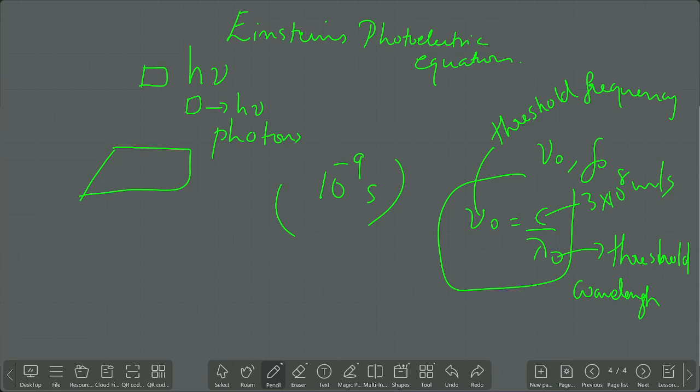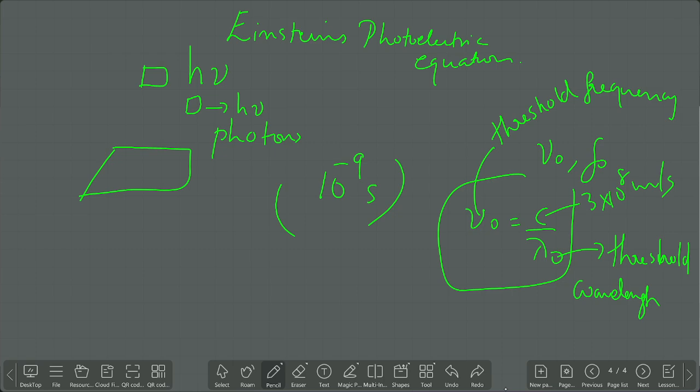That's it, note it down. If they ask how to get lambda 0, don't think it is something else. You can easily get it; they are inversely proportional. Remember, nu 0 and lambda 0 are inversely proportional because they are related by nu is equal to C by lambda. What is lambda 0? Threshold wavelength.